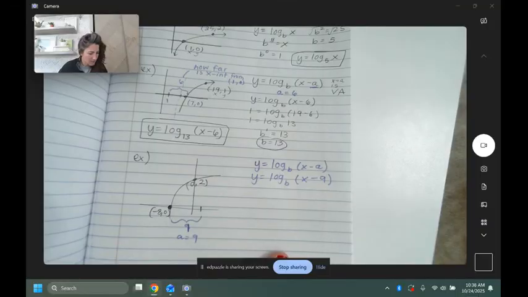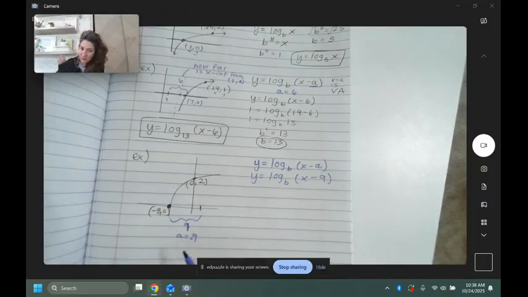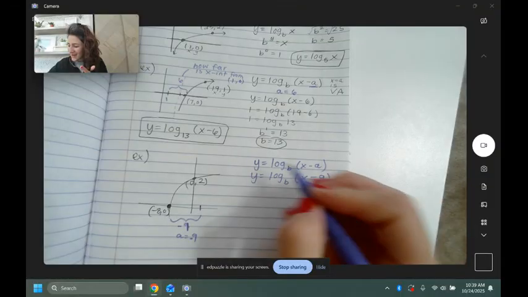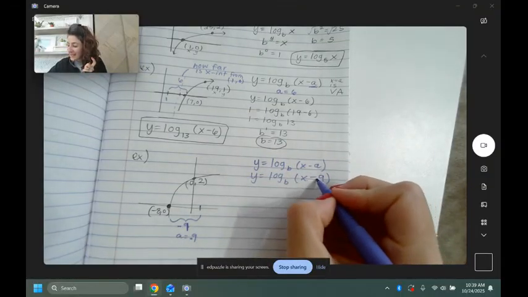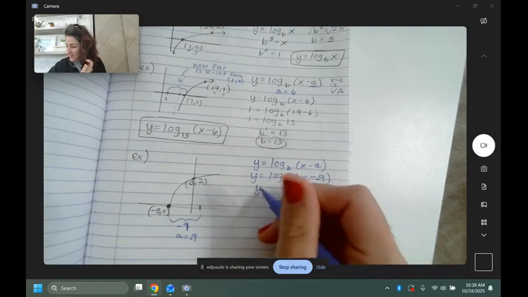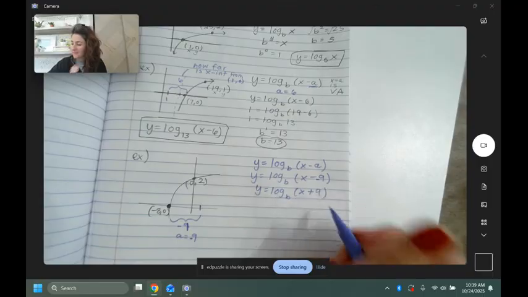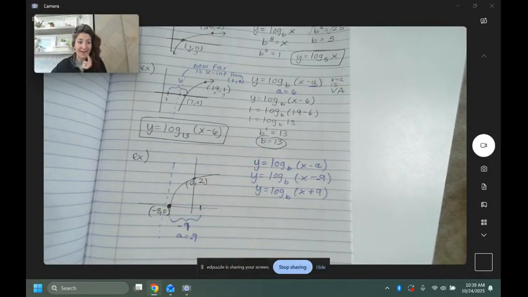Right, sorry, -9. The distance from 1 back here, because it's going in the negative direction towards -8, because it wouldn't make sense to have an asymptote over here at 9. So x minus a is x plus 9. There we go. That makes sense, that the asymptote is there at -9.